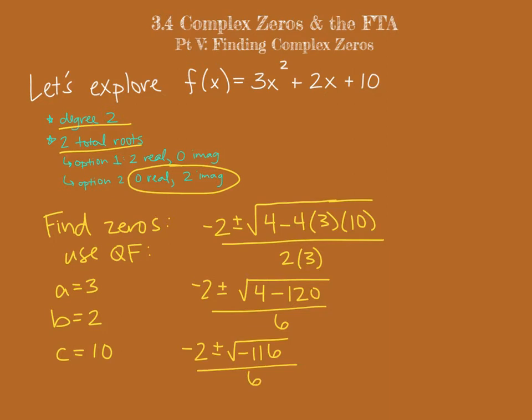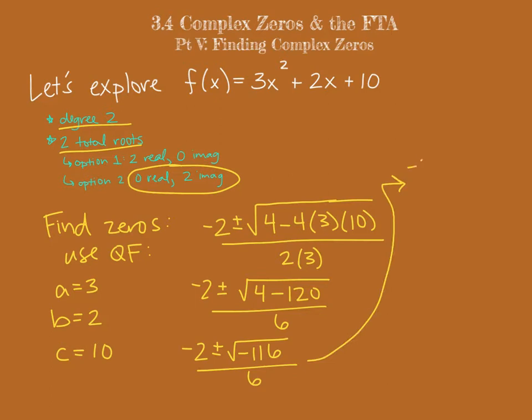When we learned about the quadratic formula back in Chapter 2, we learned that the value under the square root is called the discriminant. When the discriminant was negative, we had 2 imaginary roots, and that's exactly what we have. So in order to break down the square root of negative 116, we're going to need an i.